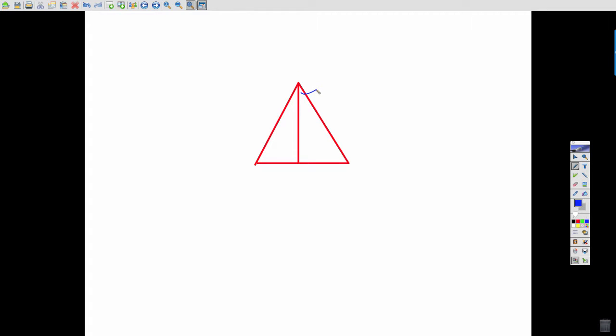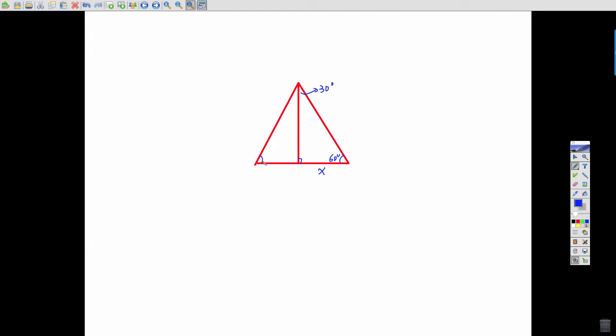Notice that this part is 30 degrees, this is 90 degrees, and this is 60 degrees. So what I did here, and we said the short leg is x, is create a reflection. I literally just flipped the triangle on the right-hand side over to the left-hand side.